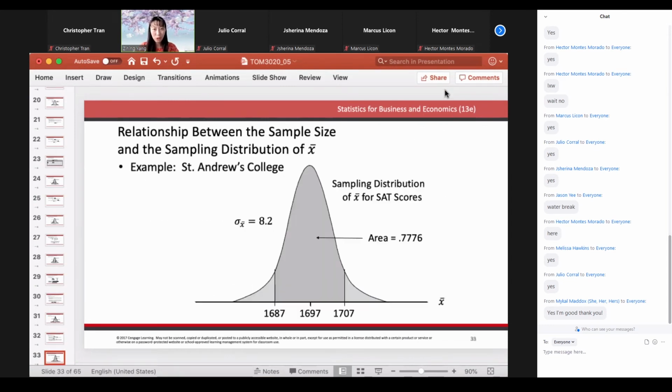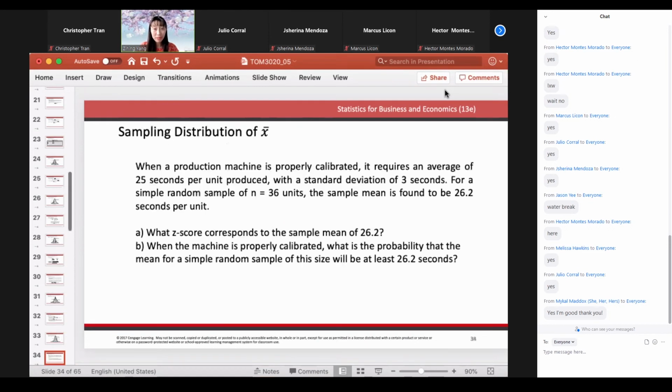Let's get to, where is it? Oh yeah, sorry. That's about sample mean estimation in sampling distribution. On slide 34, I give you one more exercise to do on your own. It's exactly the same concept using the same formula.